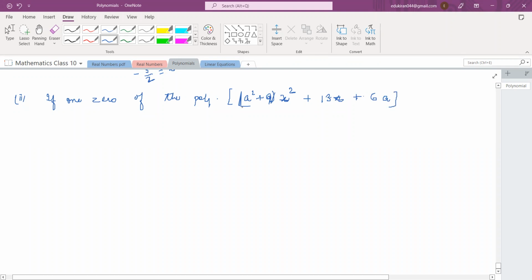This is the polynomial. It's like this: a square plus 9 in the bracket and then you have an x square here. Plus 13x and plus 6a. So here again you can see there is an unknown, a is unknown. If one of the zeros of the polynomial is the reciprocal of the other.